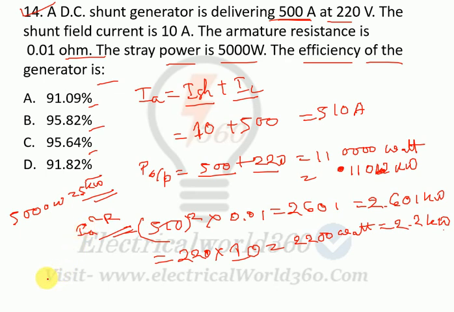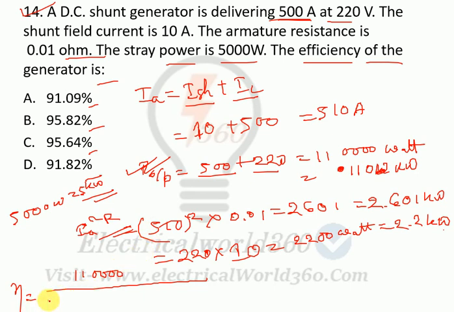So the efficiency of the generator is 110000, the power output, by the input power.